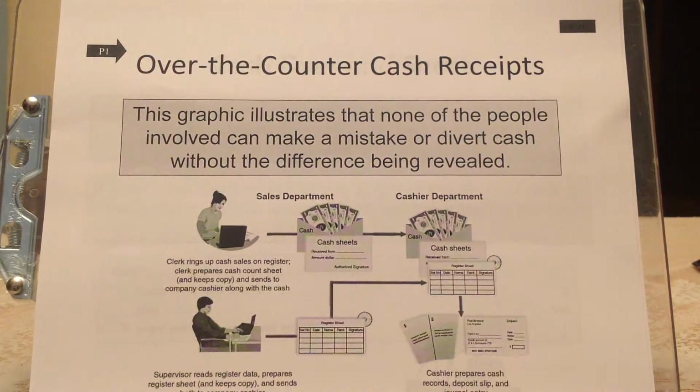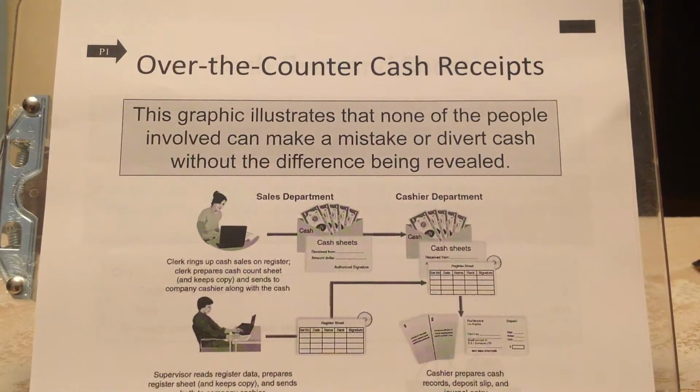Over-the-counter cash receipts. This graphic illustrates that none of the people involved can make a mistake or divert cash without the difference being revealed. So, your sales department: the clerk rings up cash sales on the register, prepares a cash count sheet, keeps a copy, and sends the cash along with it to the company cashier. The sales department has cash sheets. The cashier's department gets the same thing and double checks it.